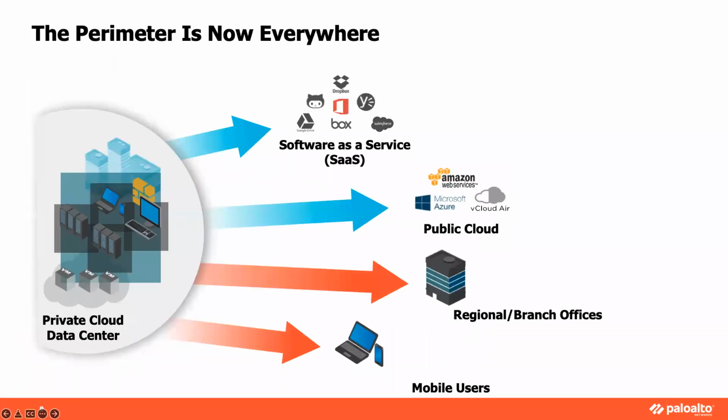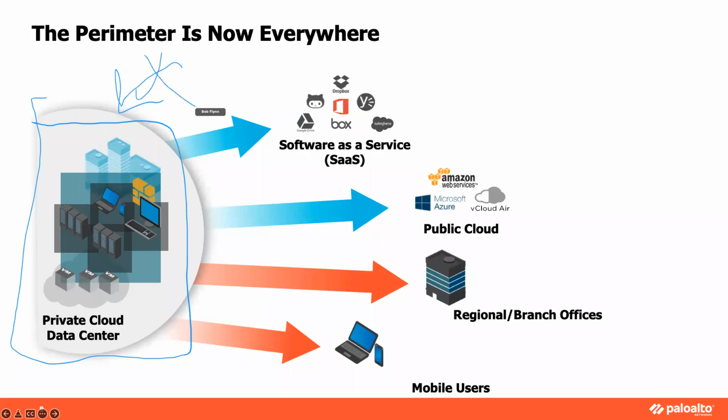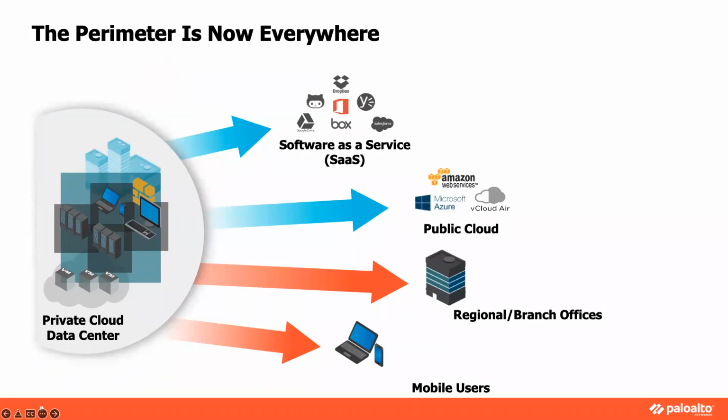If you've been around for a while, like I have, you've seen things move from the idea that you have a data center, a place where all of your servers and all of your important stuff is inside a single perimeter, and all you have to do is guard that perimeter, and when bad folks come in, you try to stop them. Well, that's no longer the case.